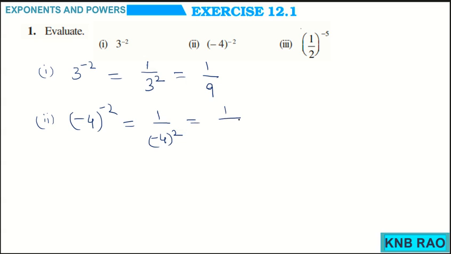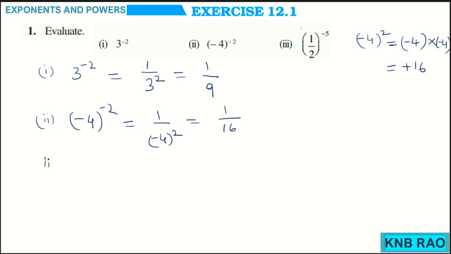You know the value of minus 4 power 2, or minus 4 whole square, is 16, because we are multiplying minus 4 by itself, where a negative multiplied by a negative number gives a positive result. 4 fours are 16. Therefore, we finally have the answer as 1 upon 16.